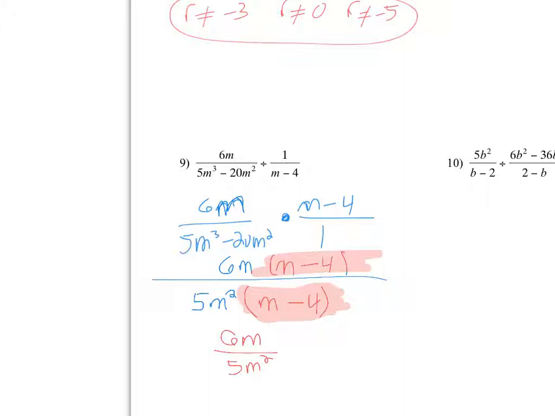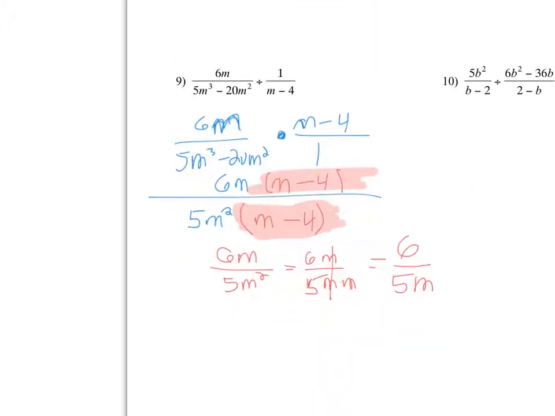Well, hey, what's 5m to the second power? That's just 5 times m times m. So I got 6m over 5 times m times m. I've got another thing that cancels out. I'm left with 6 over 5m.